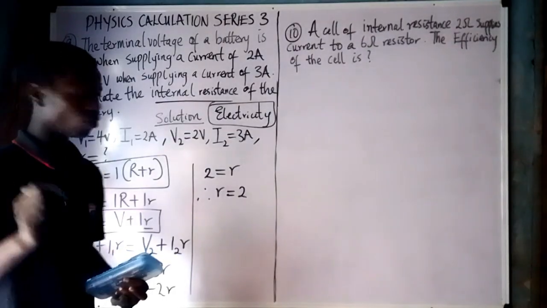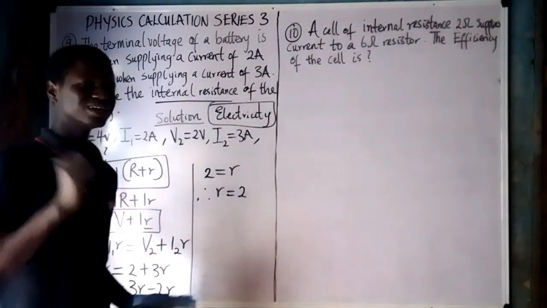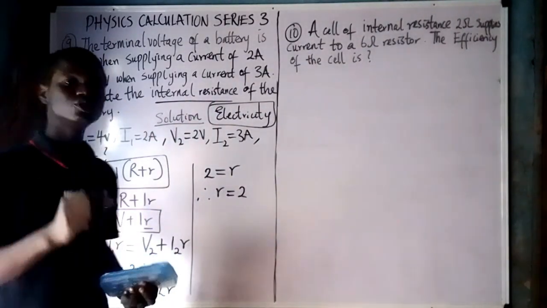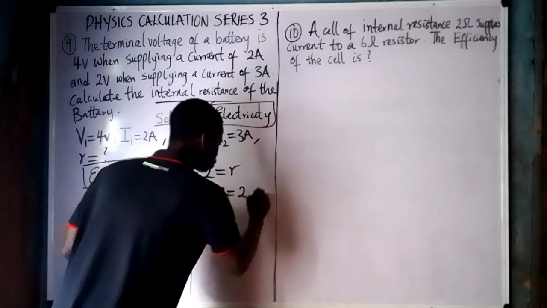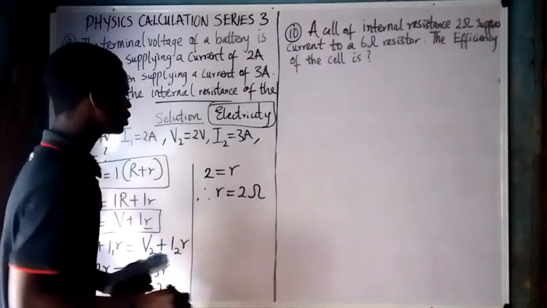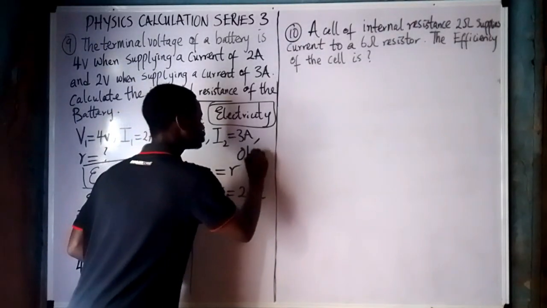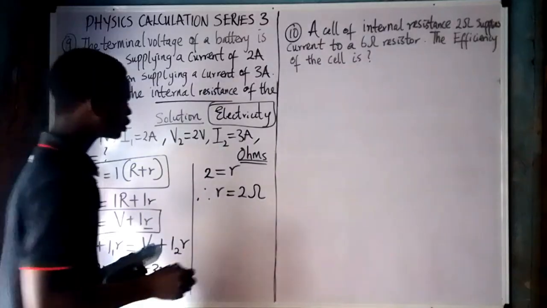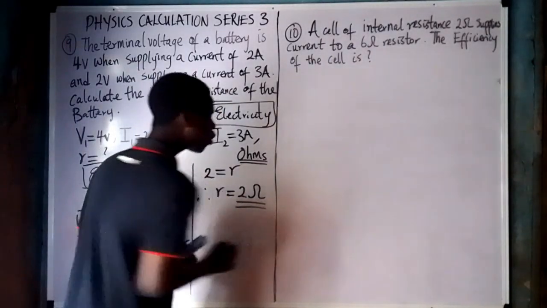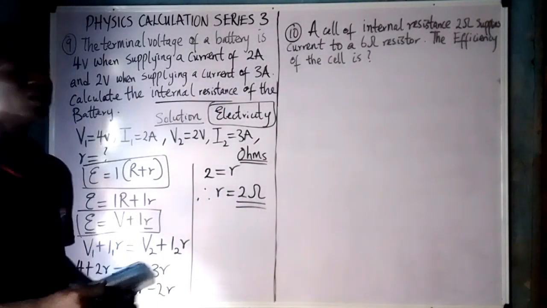No. We are asked to find internal resistance, and mind you, the unit for resistance of any form is ohms. So it's symbolized by this, spelled ohm. That is the unit for resistance of any form. So our answer is 2 ohms, and that is the answer to this very question.